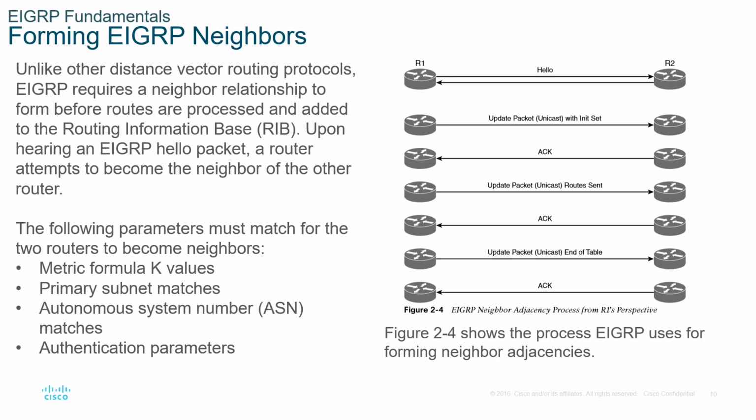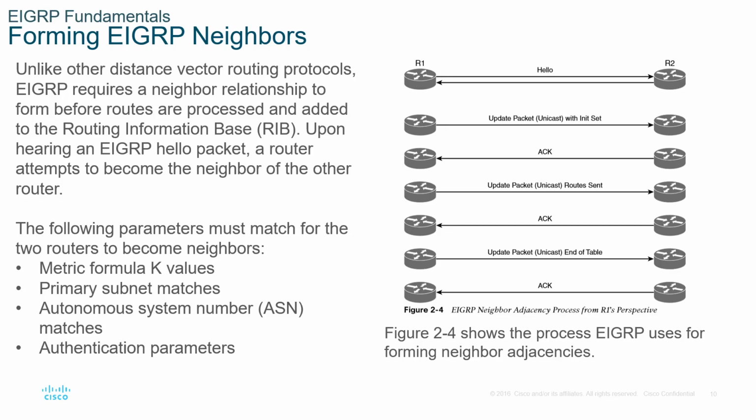Now, what does it need to match before exchanging this? The K values, in other words, what parts of the formula for the metric calculation are going to be used. By default, this is our delay and bandwidth values. If a router is using one of the others, like reliability, they're not calculating the same metrics, so they're not going to share information.